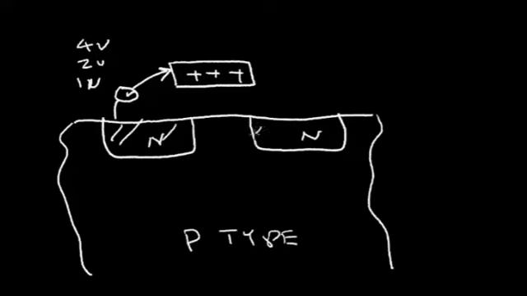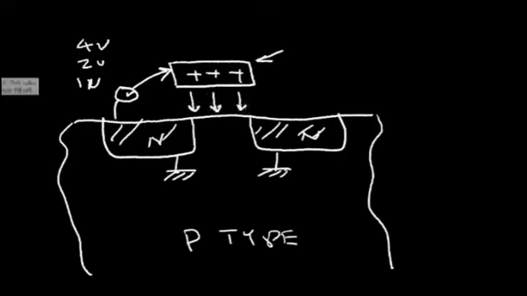Let's presume that these N regions are at a ground potential. This is both at ground. And when we apply a voltage to this gate electrode, we develop an electric field below the gate. And this electric field has an effect on the region below the gate.